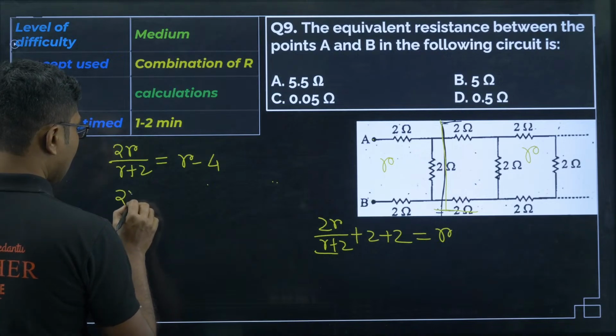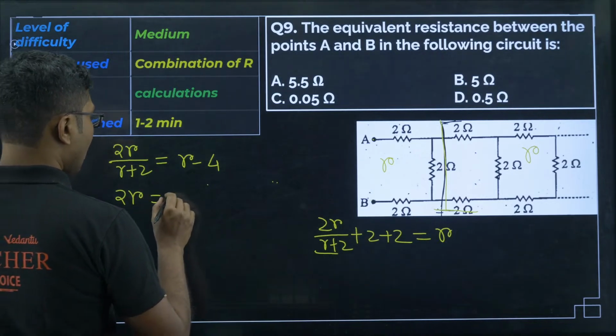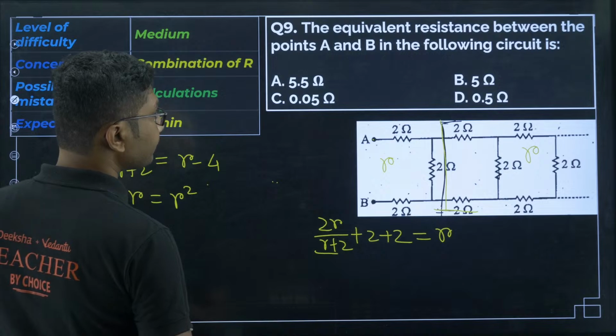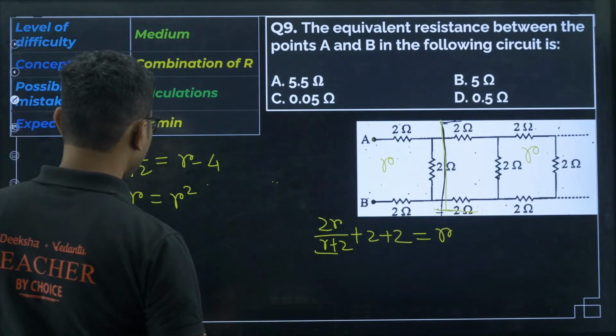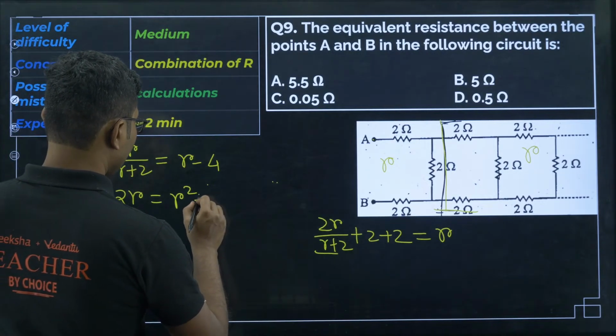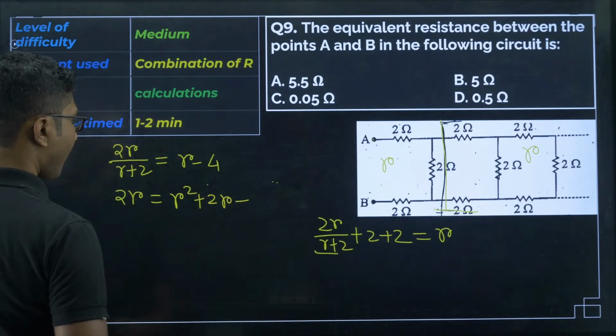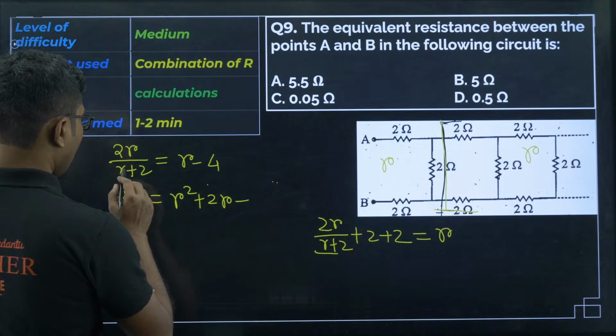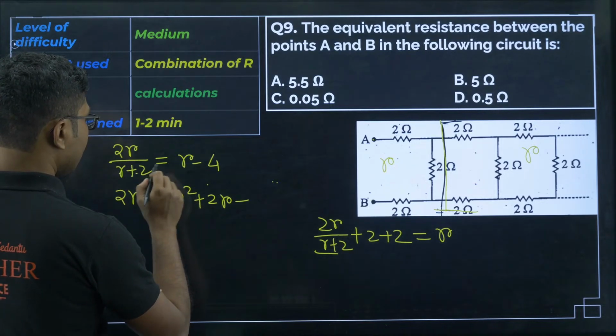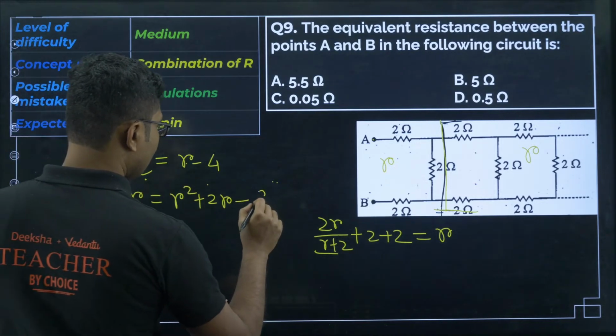So 2r equals r square, r square plus 2r minus 8.